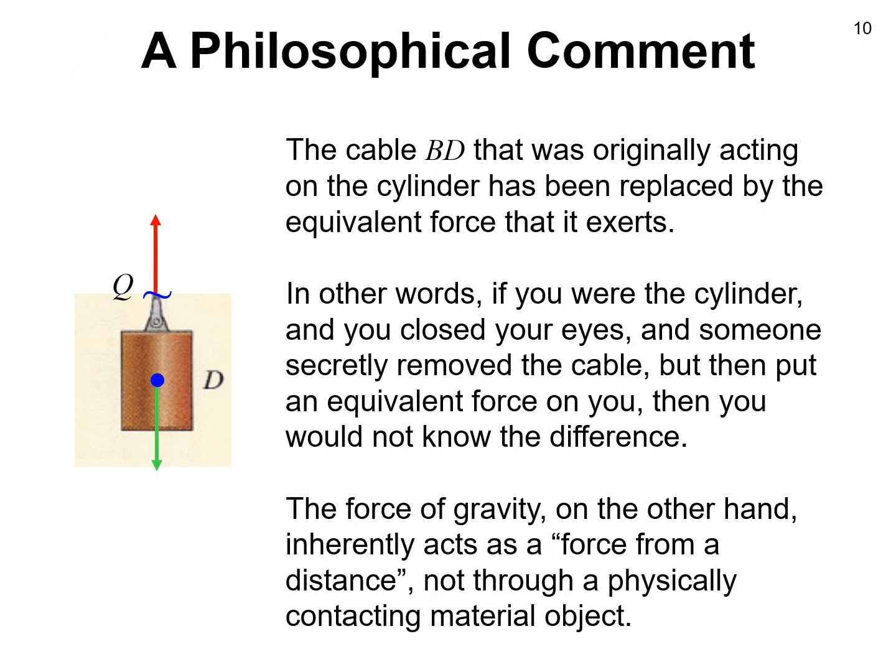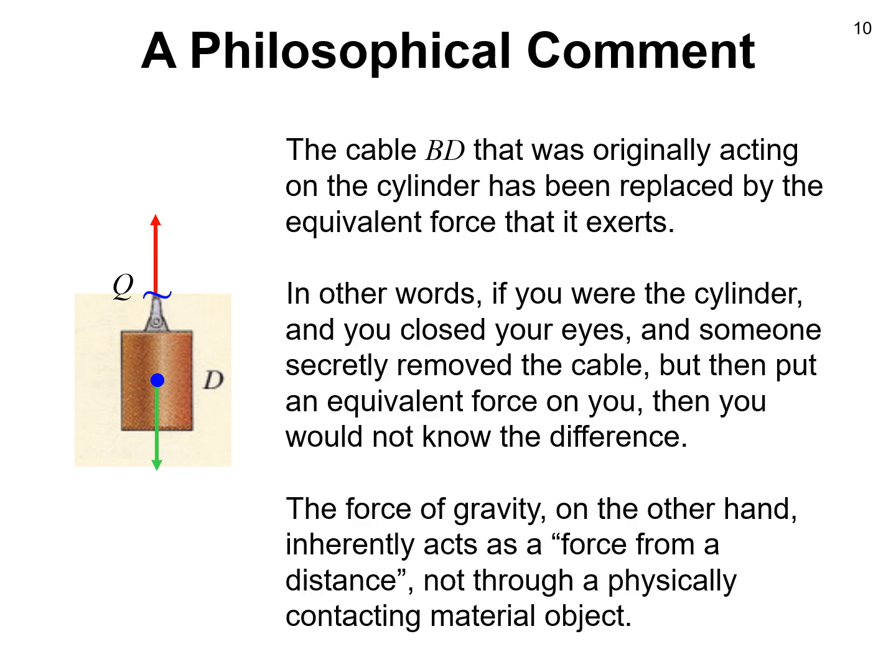Let me just give you a little philosophical comment before proceeding. The cable BD that was originally acting on the cylinder has been replaced by the equivalent force that it exerts. In other words, imagine you are the cylinder, and you close your eyes, and someone secretly removed the cable, but at the same instant they put back the equivalent force on you that the cable was doing, then you would not know the difference.